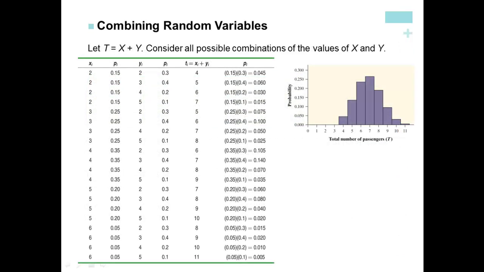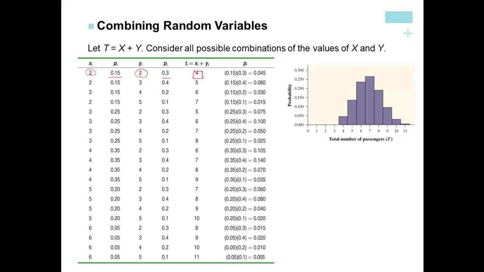Again, to be able to calculate the variance, I would have to come up with the entire distribution for T. So T again is X plus Y, and here are all the possible combinations of X plus Y. For example, for Pete's Jeep tours, the probability that 2 would be on the tour is 0.15. For Erin, the probability of 2 would be 0.3.